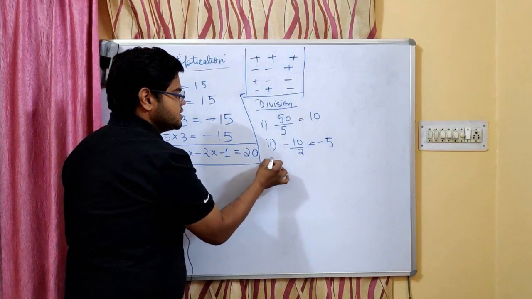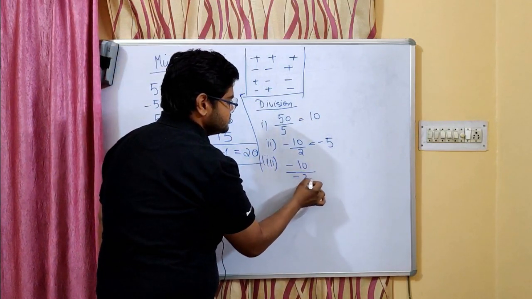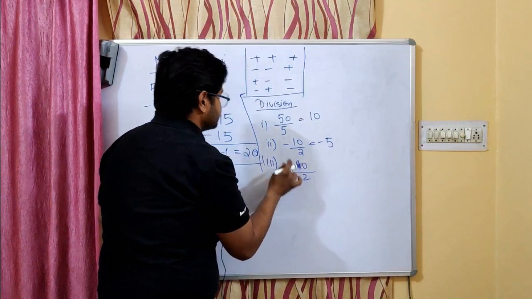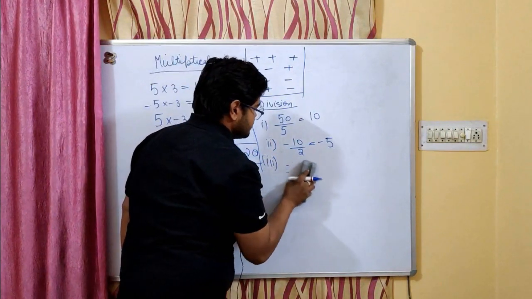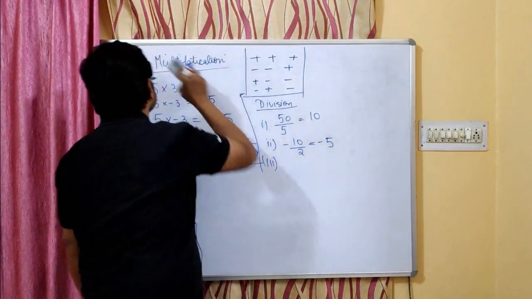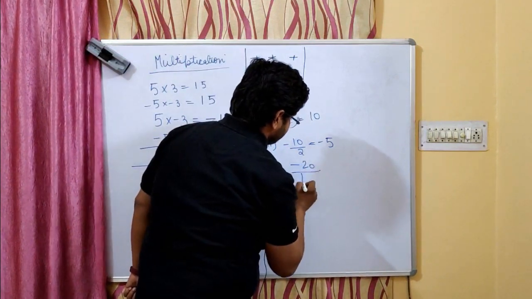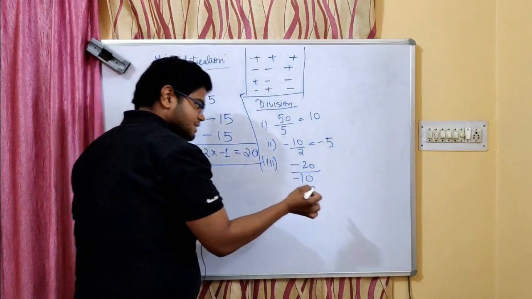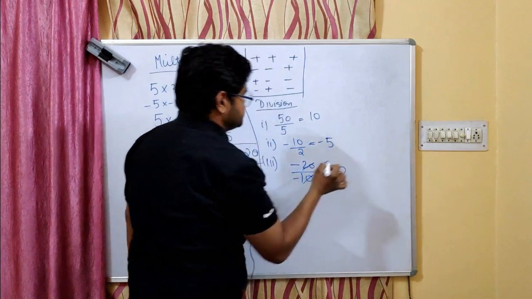If both are negative, then minus minus will be cancelled and you will be left with plus 2.